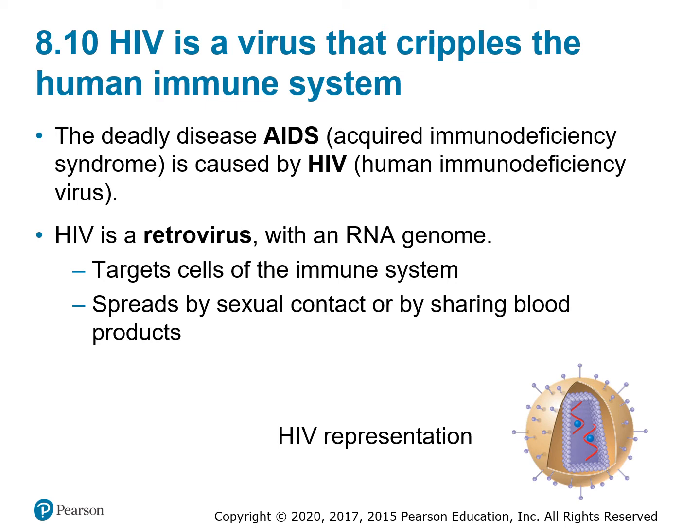It targets cells of the immune system, and it spreads by sexual contact or by sharing blood products. And here at the bottom is a representation of the HIV virus. The red you can see is the RNA part.